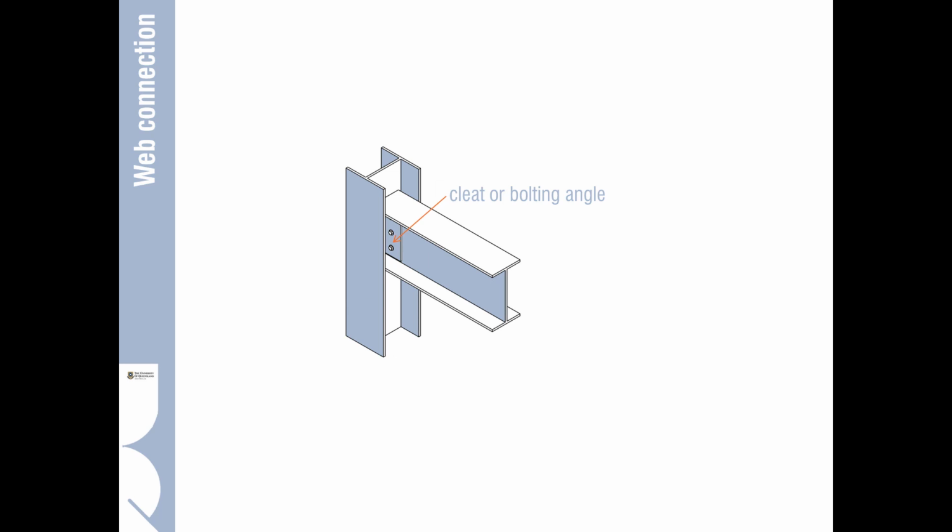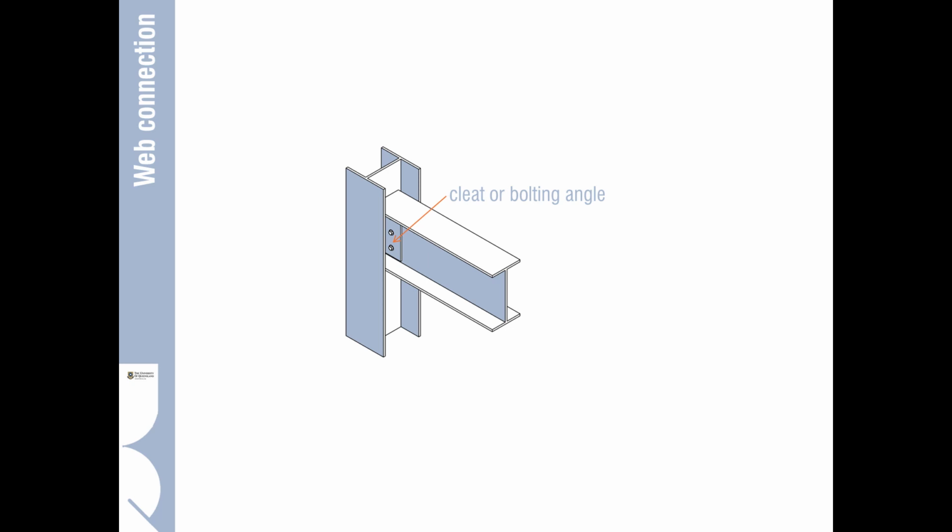The other way of connecting a beam to a column is to connect directly to the web of the column. Now in this instance, because it's more difficult to get to, you can put an end plate on the beam to fix to the web, but more typically what happens is that there's a tertiary element like a bracket or something like that that is either welded or bolted first to the column, after which the beam comes along and is fixed into it.